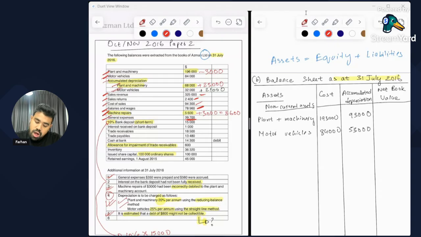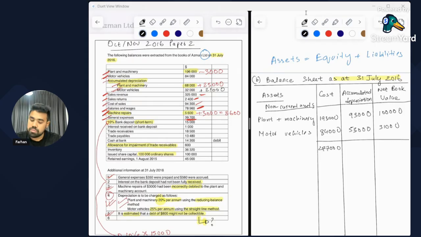All right. Okay. So cost minus accumulated depreciation gives us the net book value, which is the third column that we want to calculate. So 193 minus 93 is 100,000. And then for motor vehicles, 84 minus 53 is 31,000. Okay. So let's find the total of the cost column, which is 193 plus 84, that's 277.